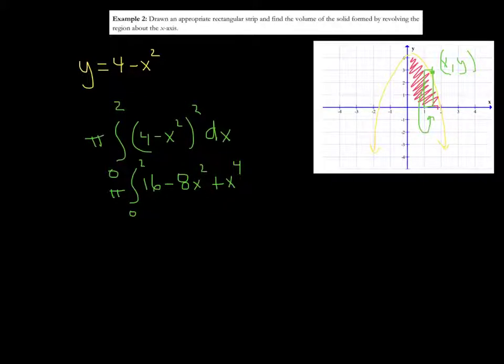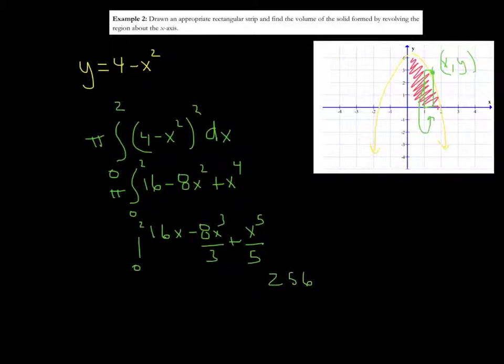And then we end up getting 16x minus 8x cubed over 3 plus x to the 5th over 5. And we're going to plug in our upper and our lower limit now. You go through the process and you will end up getting 256 pi over 15. And that is the answer to this problem.